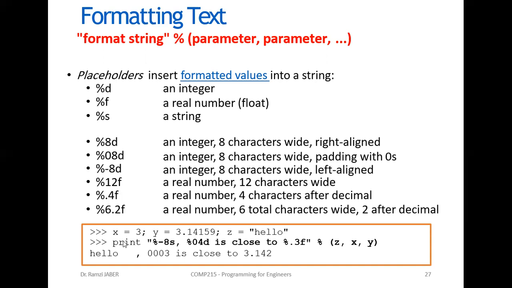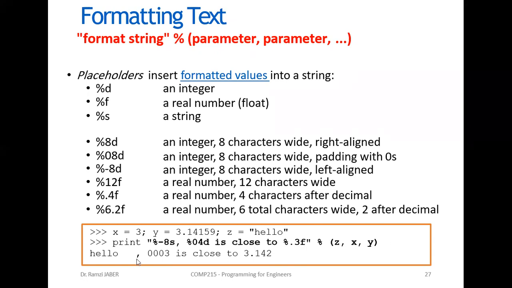Okay, so it's a new idea here. I can write print without parentheses, as you can see. Print, open quotation, close quotation, percent -8s, comma, percent 04d, and percent 03f. It's similar to C, but here, with the modulus or percent between parentheses, the first placeholder is for z, the second is for d, the third is for f.